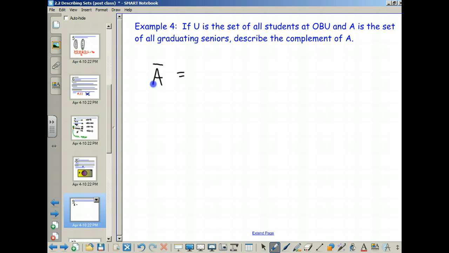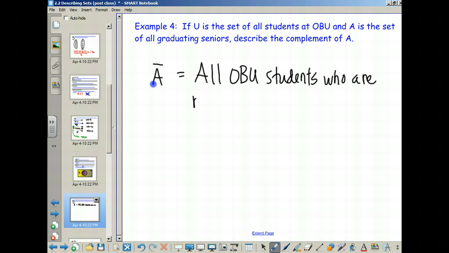And seniors aren't graduating. So can we say it a little bit more concisely? Yeah, we need to say something else. OBU students, okay, so these are all OBU students who are not graduating seniors.